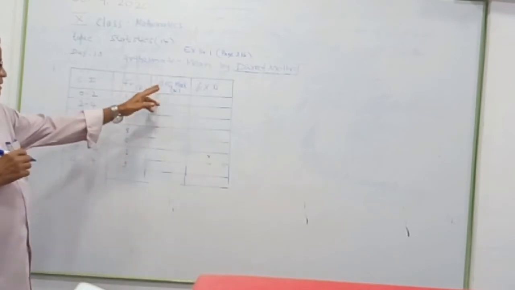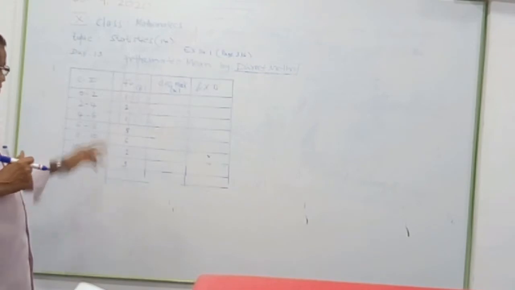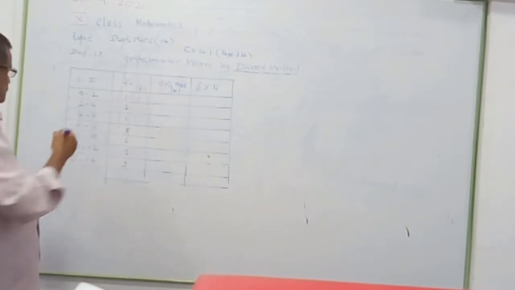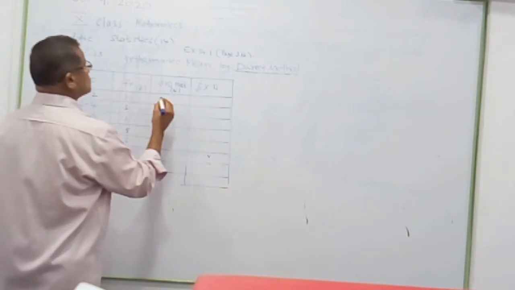Now, class interval and frequency are given. How to write the class mark or mid value of each class? Add the two limits and halve: 0 plus 2, 2 by 2, 1.